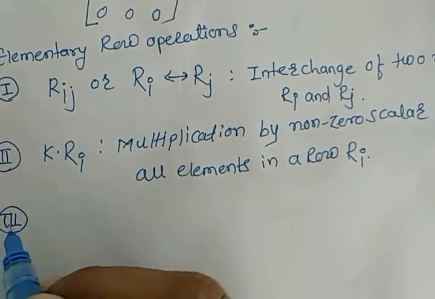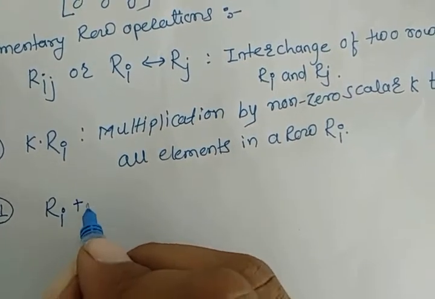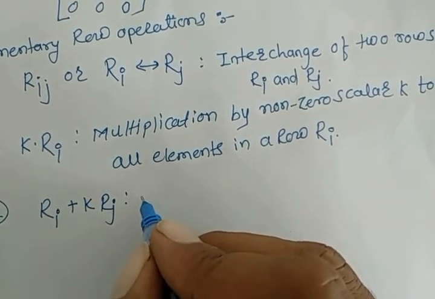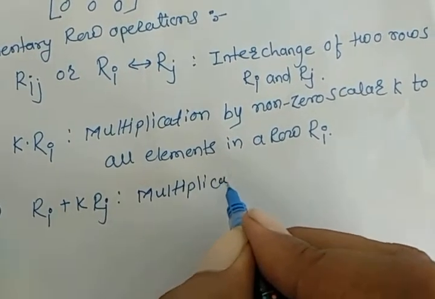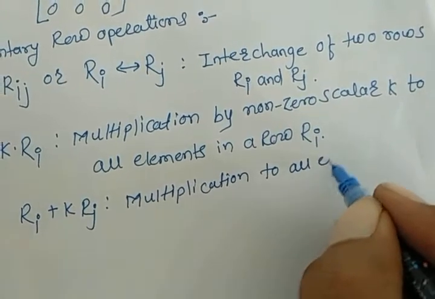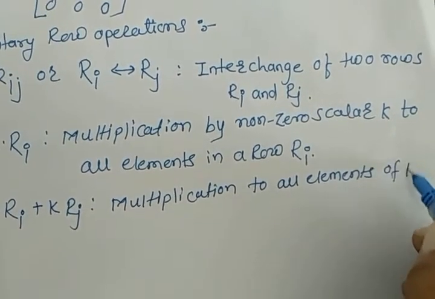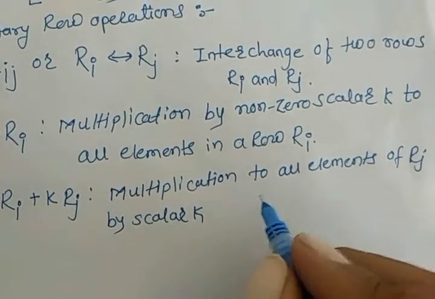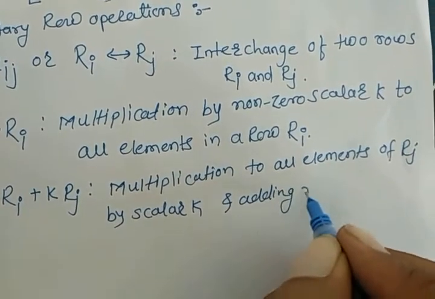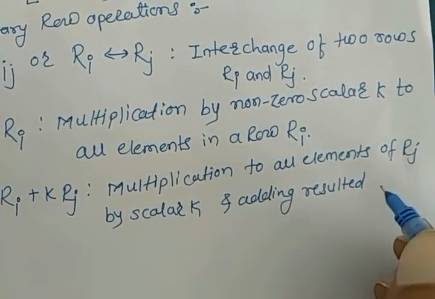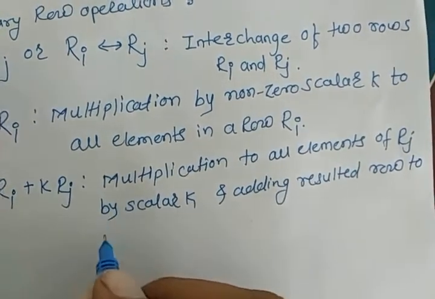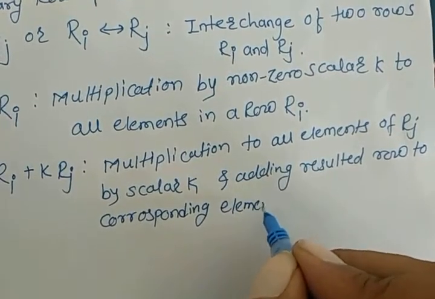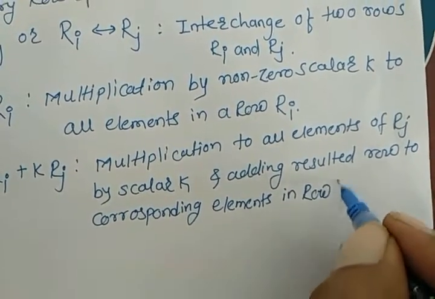Next, the third operation is Ri plus k Rj, which is multiplication of all elements of Rj by a scalar k, and adding the resultant row to the corresponding elements in row Ri.